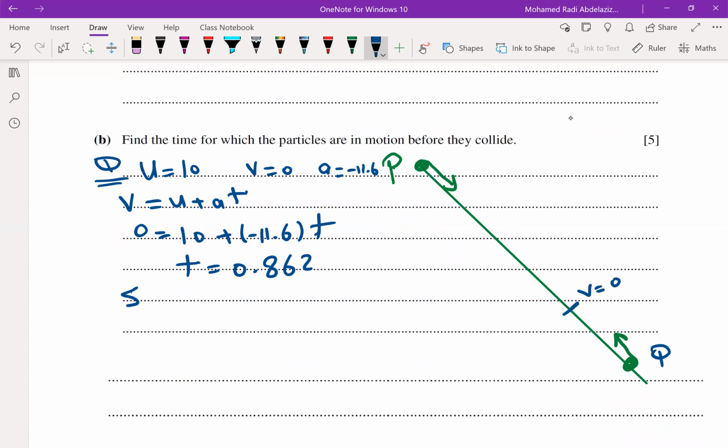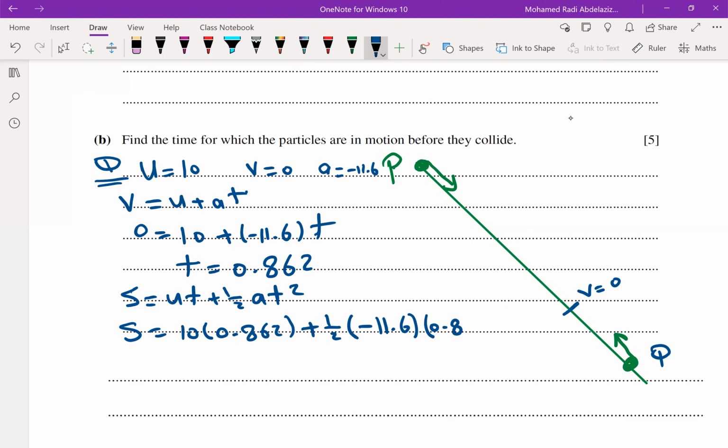s equals ut plus half at squared. So s equals initial velocity, which is 10, times time found 0.862, plus half of the acceleration, which is negative 11.6, times 0.862 squared.